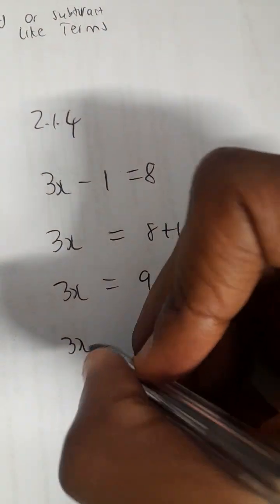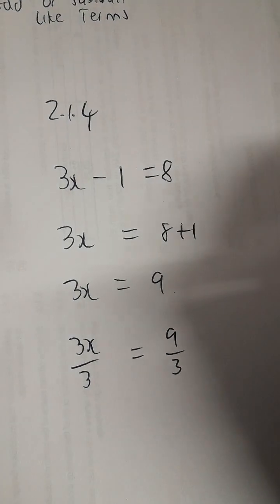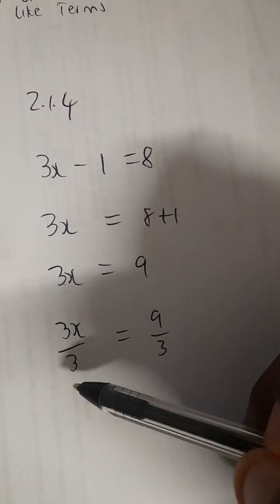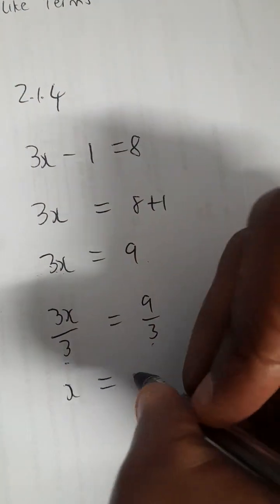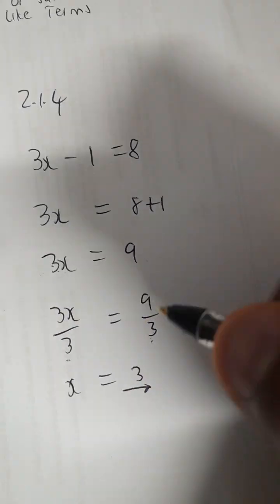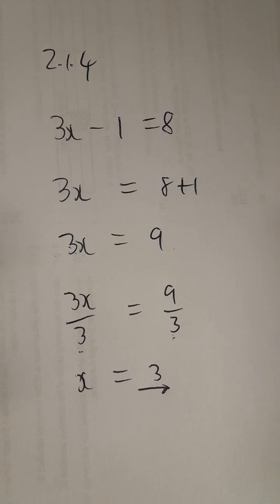Then we divide both sides by the coefficient, which is 3. Whatever is next to x, if it was a negative 3, I would have divided both sides by negative 3. But since it's positive 3, x is equal to 9 divided by 3, which is 3. X is equal to 3.